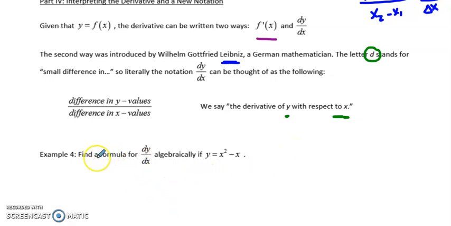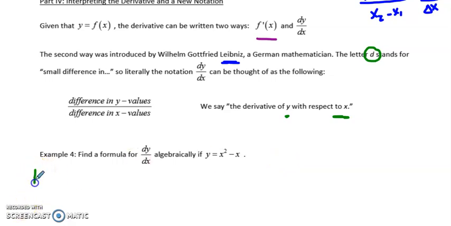So now we're saying find a formula for dy dx algebraically if y equals x squared minus x. So they're asking us for basically the slope of the tangent line for any point on the function, not just like on the prior page where we did a equals 3. Now we're doing it for any x value.